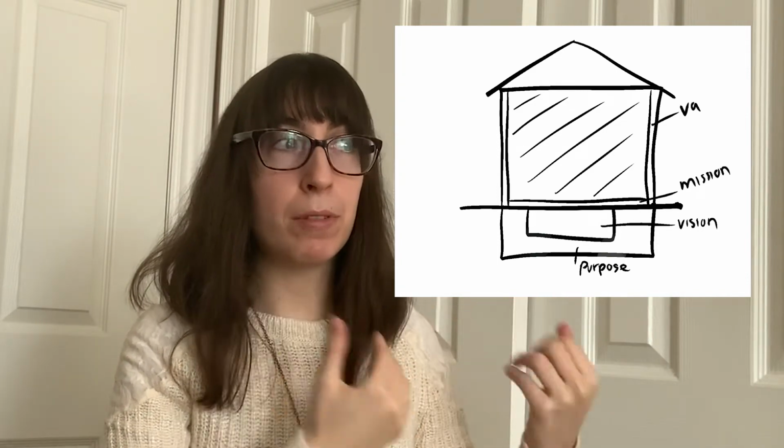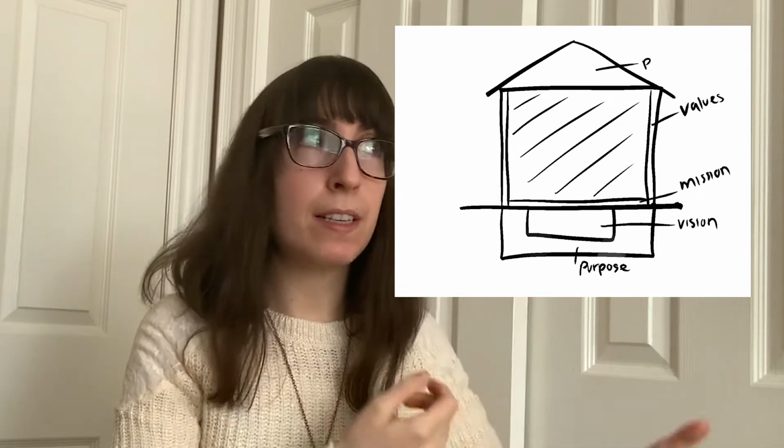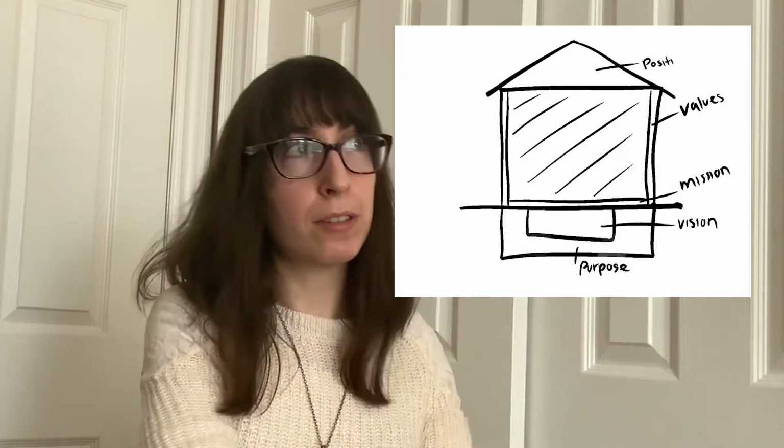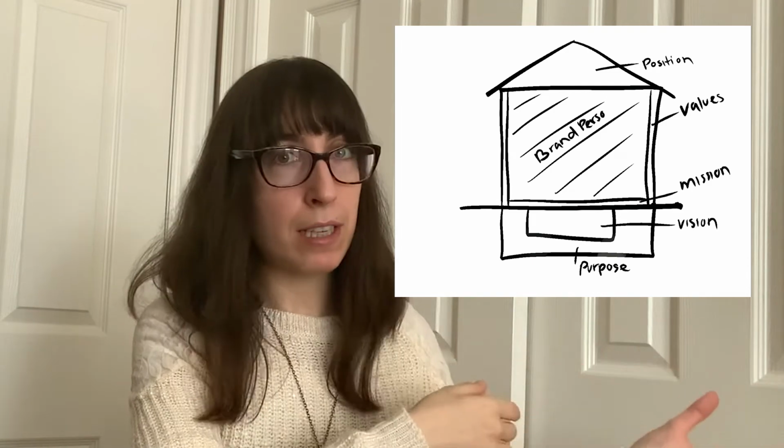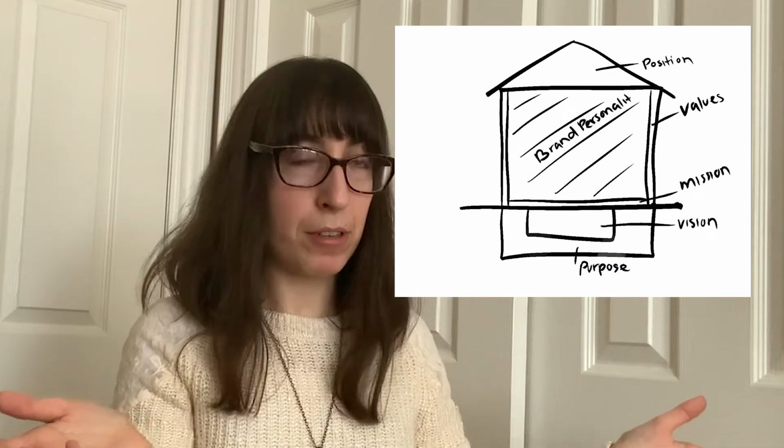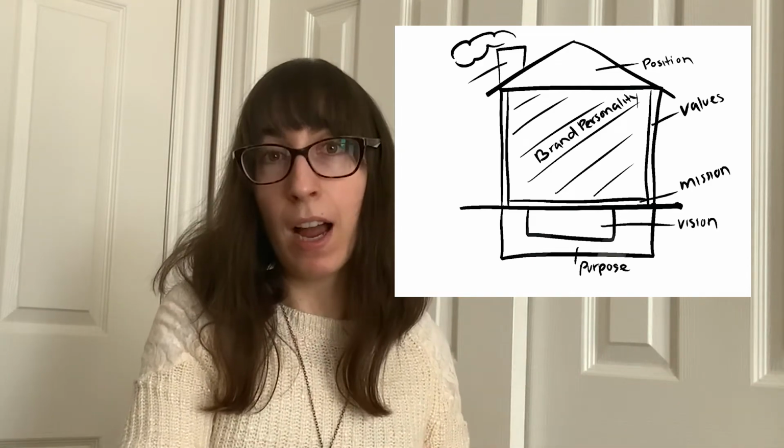And then moving on to identity is going to be what color the house is going to be, and what style windows is it going to have? What kind of furniture is it going to have inside? Those are the types of things that you'll start looking at later on. But these words, like I said, have to be chosen carefully and crafted carefully. And make sure the words are positive too. You don't want anything negative.